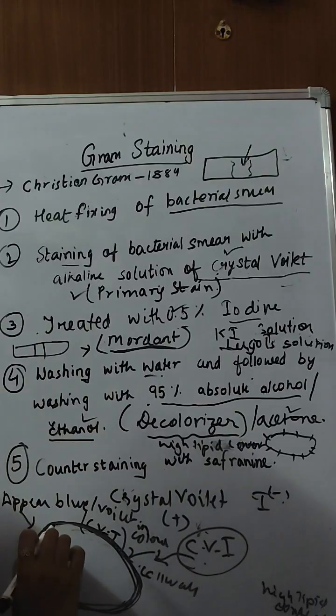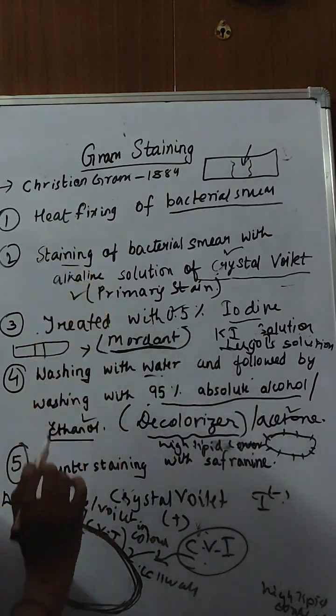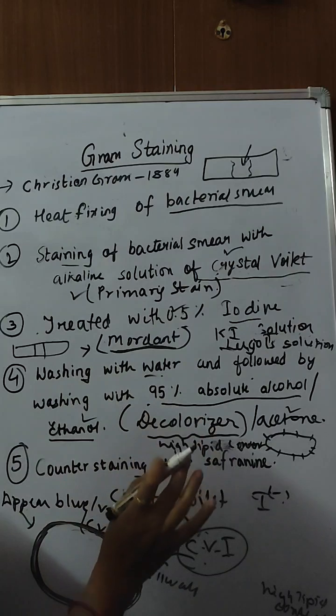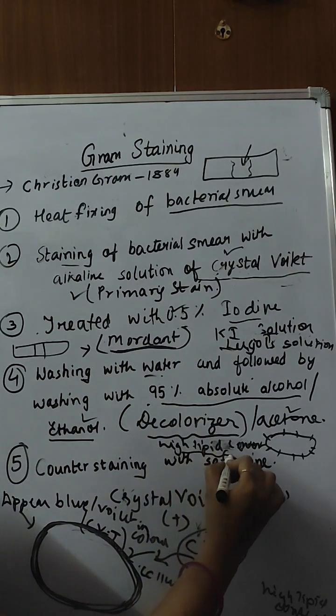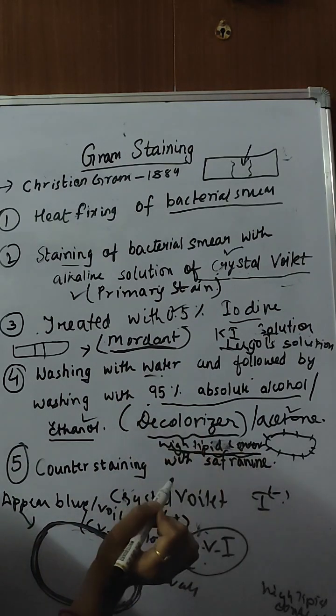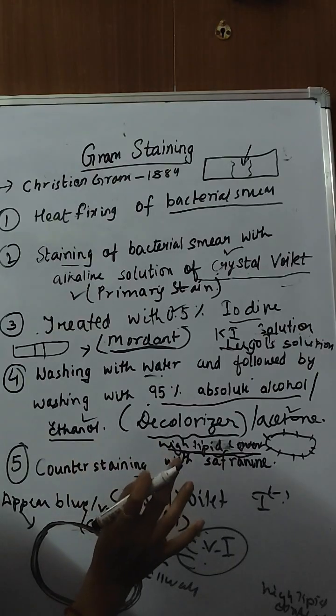Once the lipid dissolves, it removes the crystal violet iodine complex, the primary stain, because the high lipid containing cell wall has been broken.